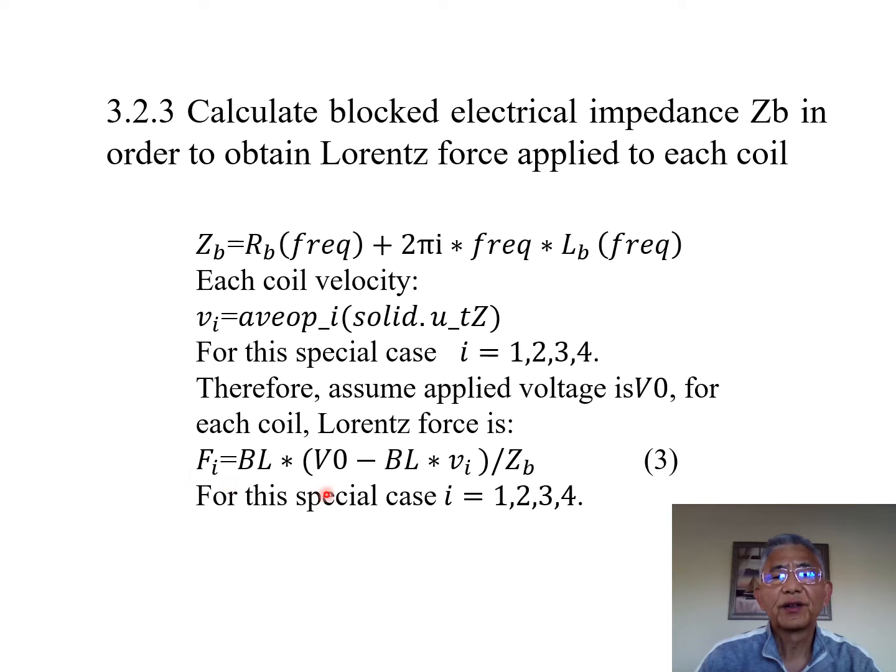F sub I equals BL multiplied by V naught minus BL multiplied by V sub I, divided by Z sub B. The V naught is the voltage applied on the coil terminal. The V sub I is the velocity, using common notation, averaged over the coil surface. This is the averaging operator. So the I is 1, 2, 3, 4 for this special case.